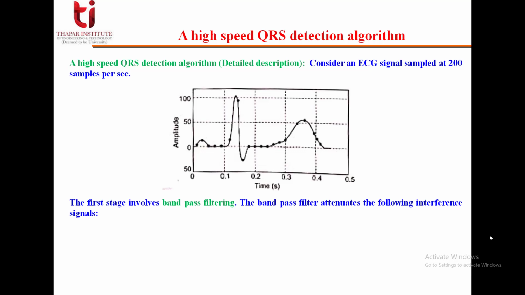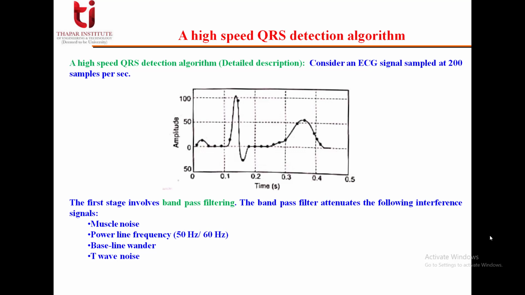The first stage in this algorithm involves band-pass filtering. The band-pass filter attenuates the interference signals like muscle noise, power line frequency, baseline wander, and the T-wave noise. We'll study these noises in detail when we discuss the noise and artifacts present in the signals.